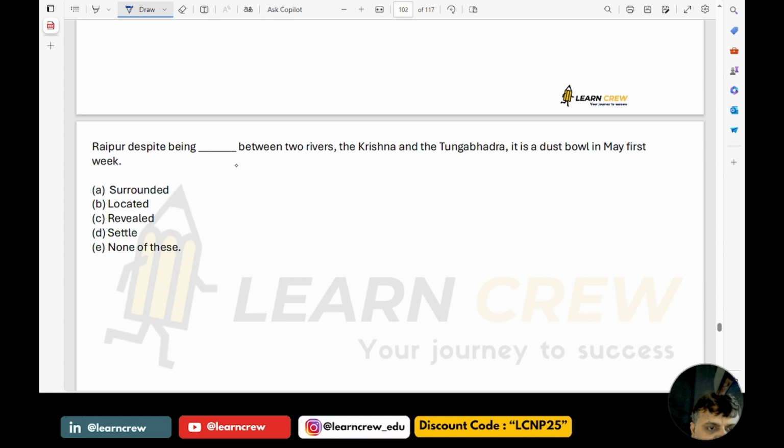Surrounded should be followed by by or with. Between has come, so it has to be located. The word located means located between two rivers.